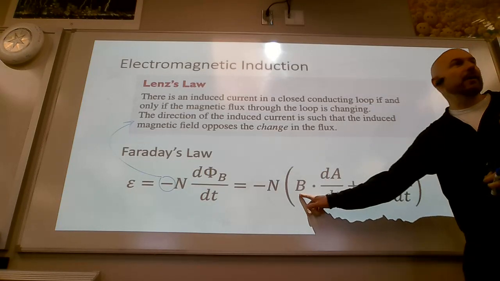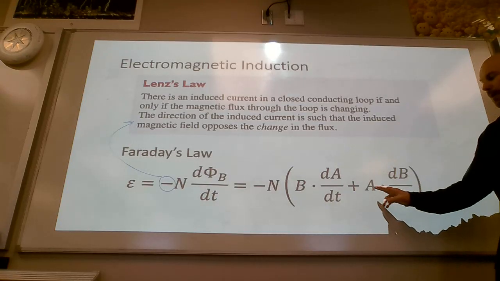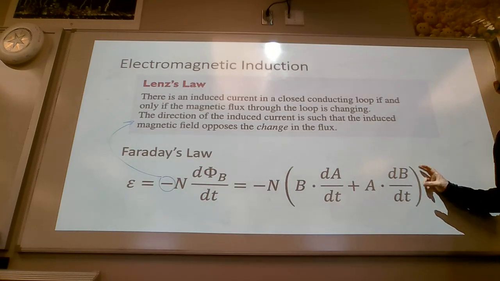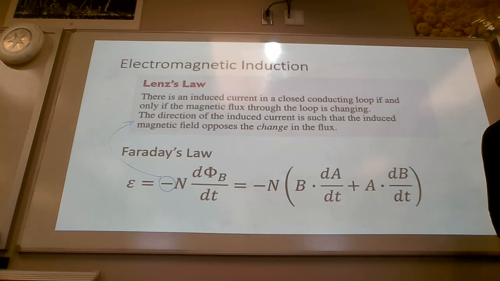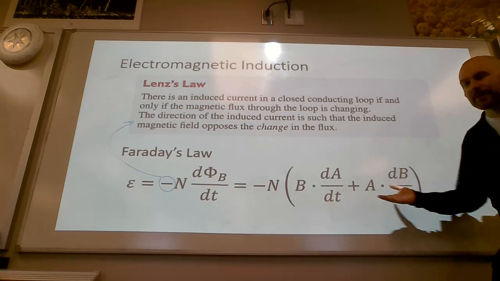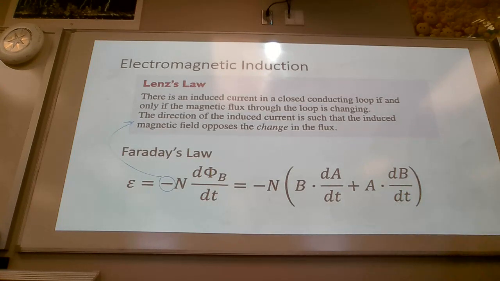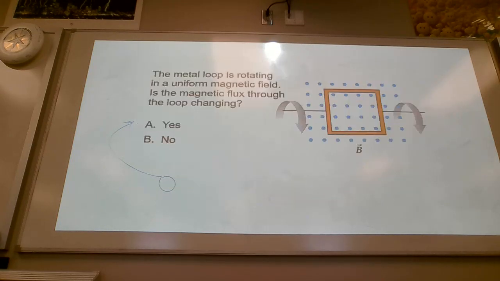Either the magnetic field is staying constant and you're changing the area, or the area is staying constant and you're changing the magnetic field. Okay, but this would be the complete version if you had both of them changing, which, again, I'm not seeing that yet. But I've also not seen an accelerated reference frame on the test, other than elevators. Okay. Good there? Okay.